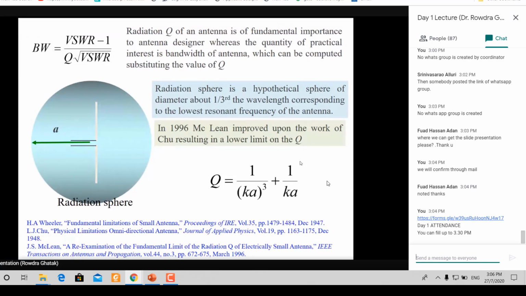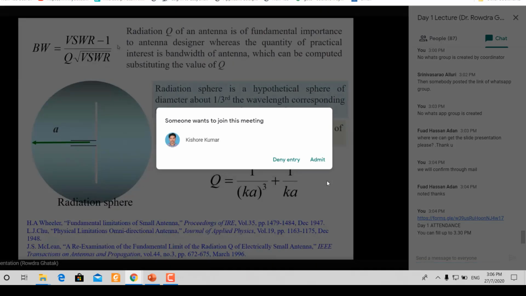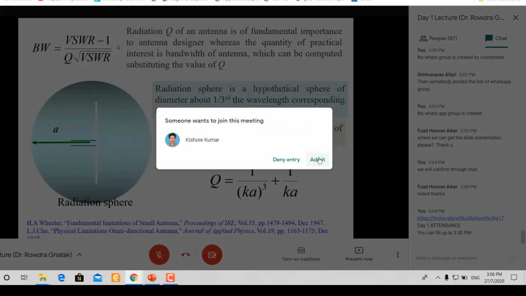You have to find the exact value of Q, the external Q, which is present for this particular resonant frequency, that is, for this 1.8 gigahertz. Then find the VSWR from the VSWR versus frequency plot, and then you can predict the bandwidth and see whether it actually goes by that system.